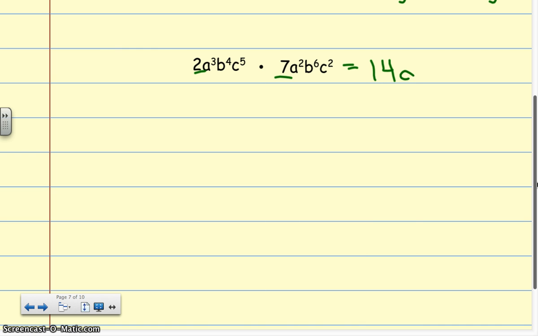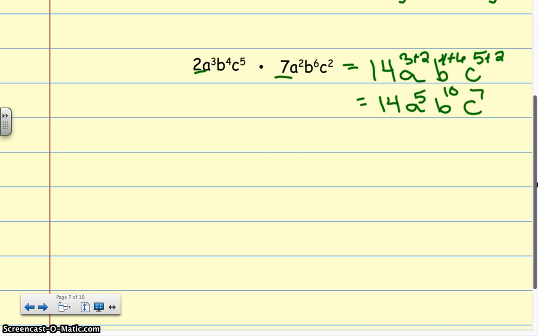And then I just start going with the bases that I'm given. A to the 3 plus 2, b to the 4 plus 6, c to the 5 plus 2, which is 14, a to the 5th, b to the 10th, c to the 7th.